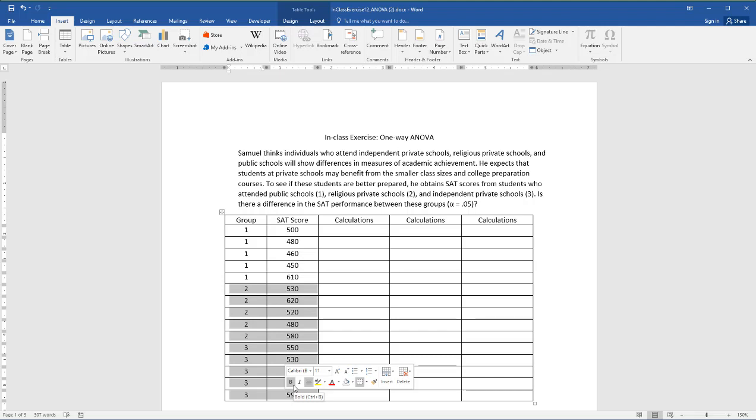So if we compare group 1 to the combined religious and independent private, you do in fact find that there's a significant difference and they actually do perform a little bit better. By the way, this data is made up. I don't know that private school students are actually performing better, but you would find that in this data.